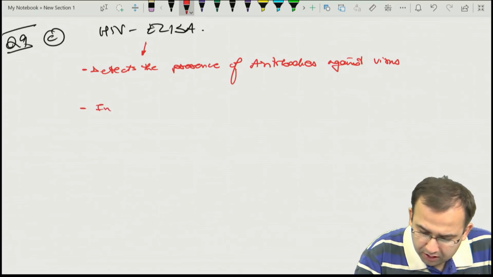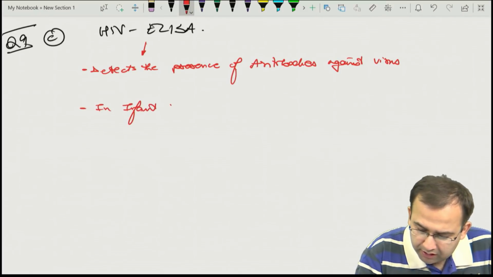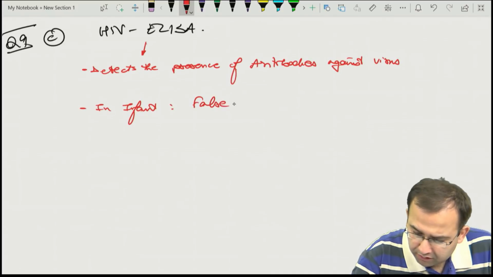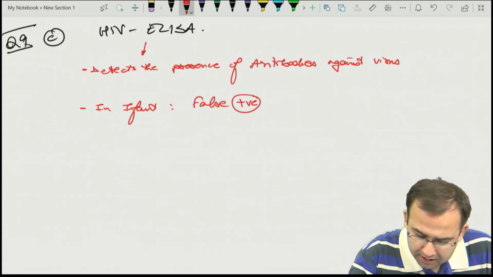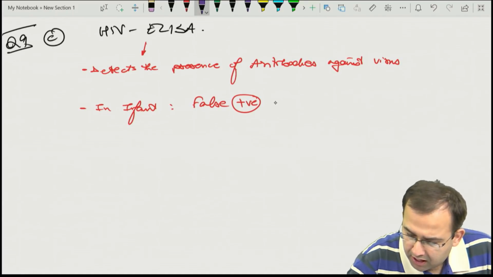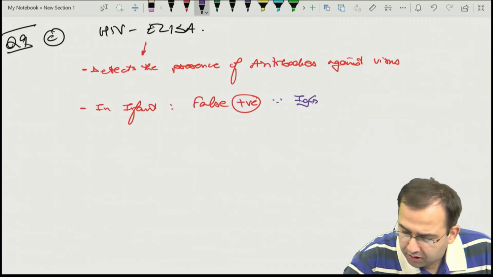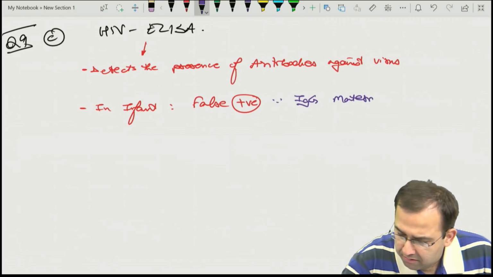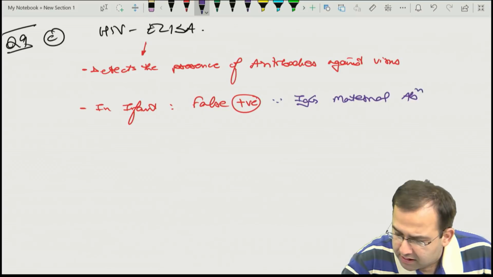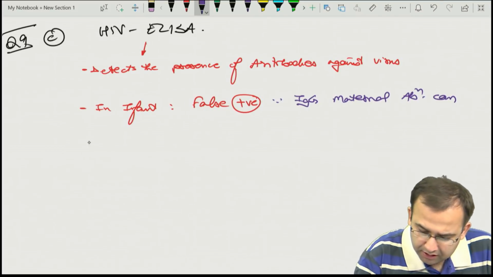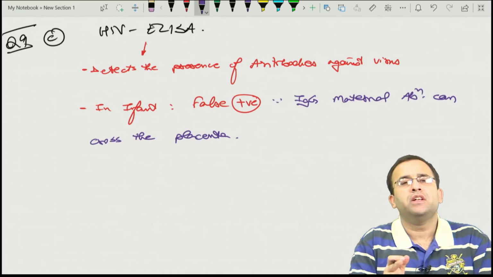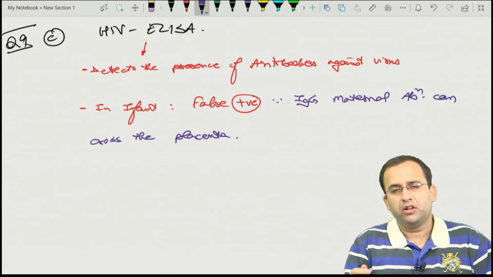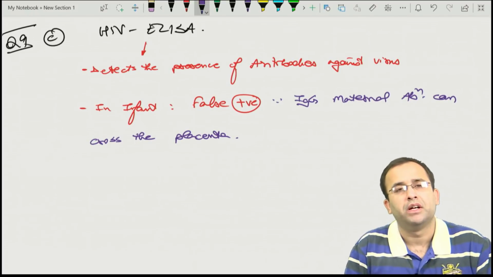In infants, the test can be false positive because IgG maternal antibodies can cross the placenta. So the presence of antibodies in a 2-month-old child is not diagnostic. It is not the appropriate test.